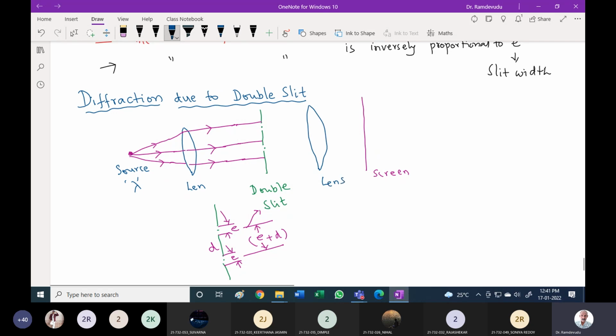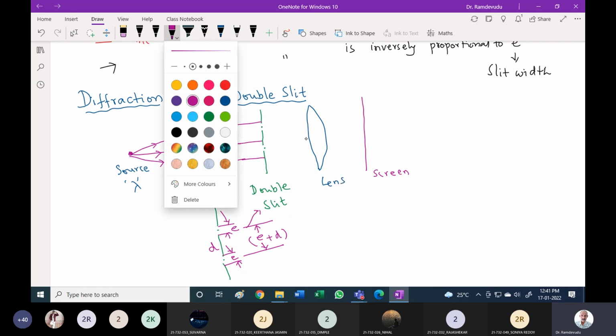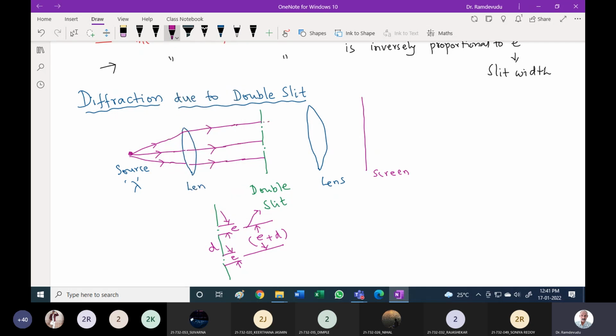The light rays which are coming straight away without any modification, that means with zero diffraction, with zero bending, the lens will make them focus at one point, and we will get a point here. This is the undeviated zeroth order.